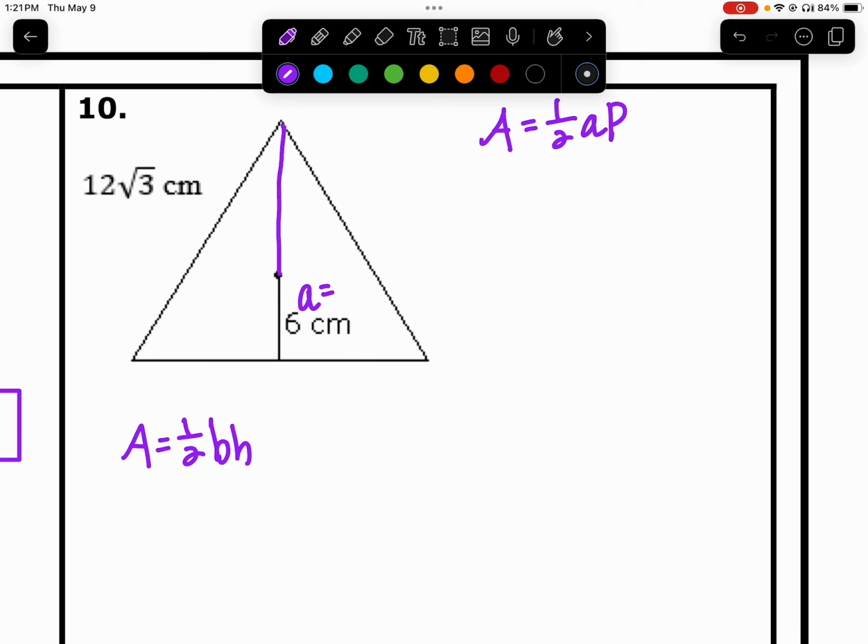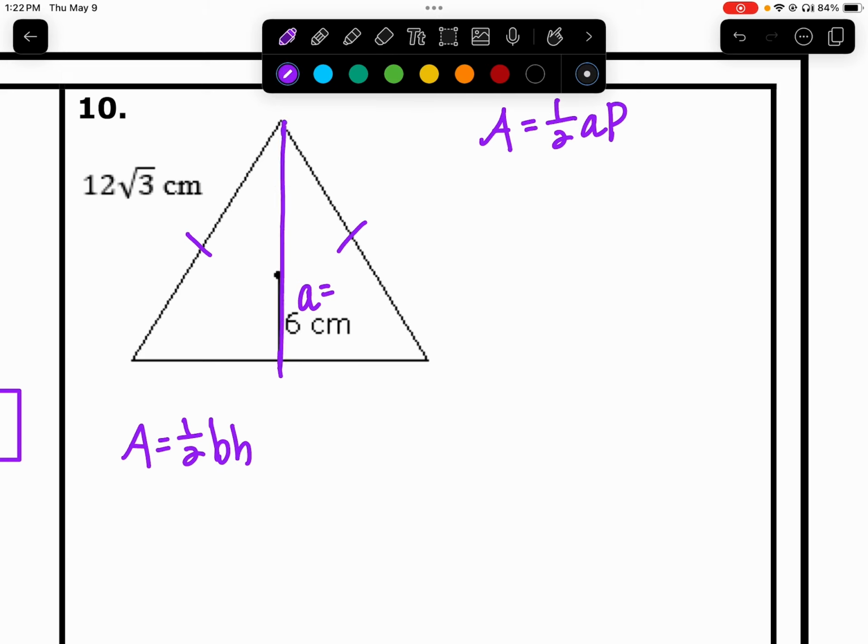And no, it's not 12. This is not 6. All these sides are equal though. Again, I didn't tell you, sorry. I'm telling you now. So that's what you would have to do. You could figure that out because this line right here is a median.